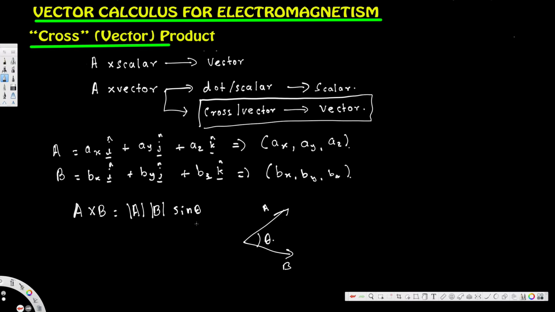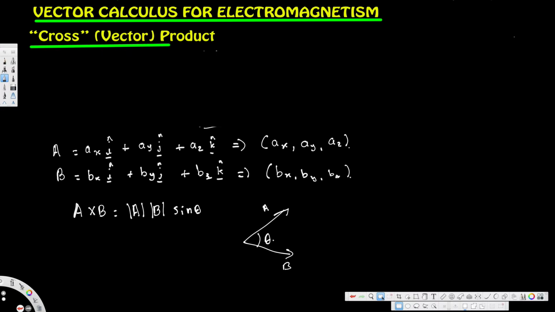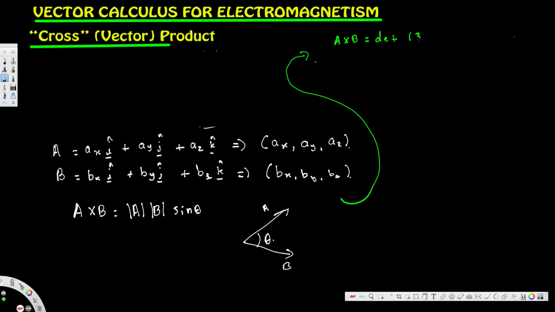Now let's see how we can do the cross product. When we take the cross product, it's similar to finding the determinant. a cross b is equal to the determinant of a 3 by 3 matrix.